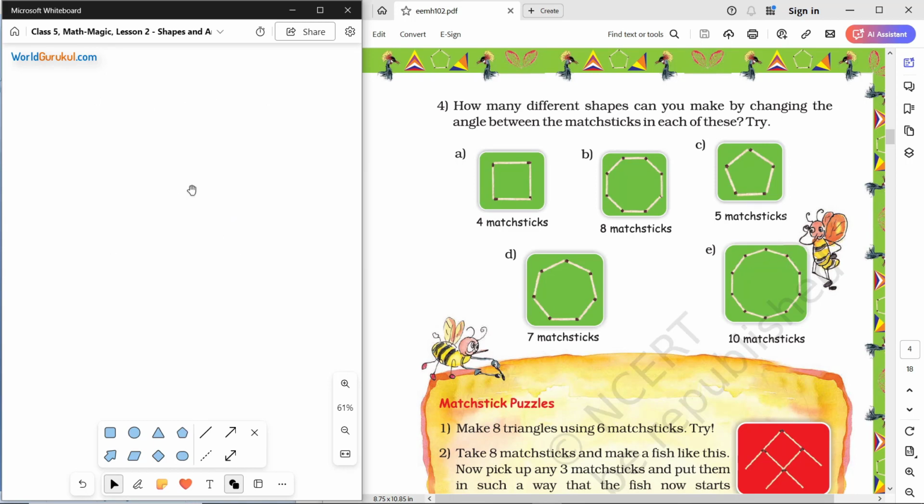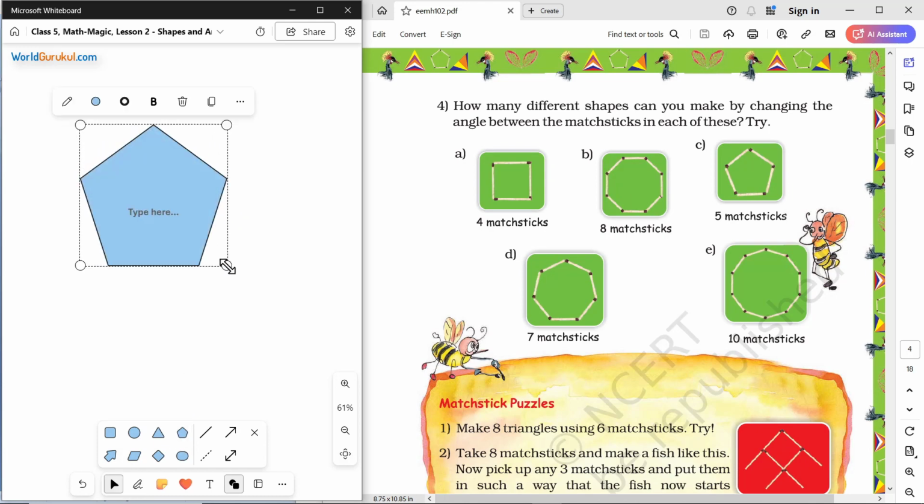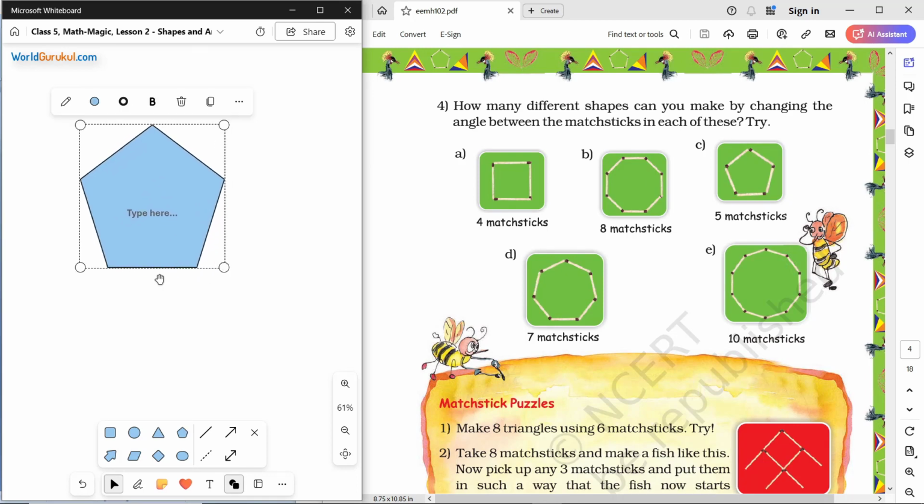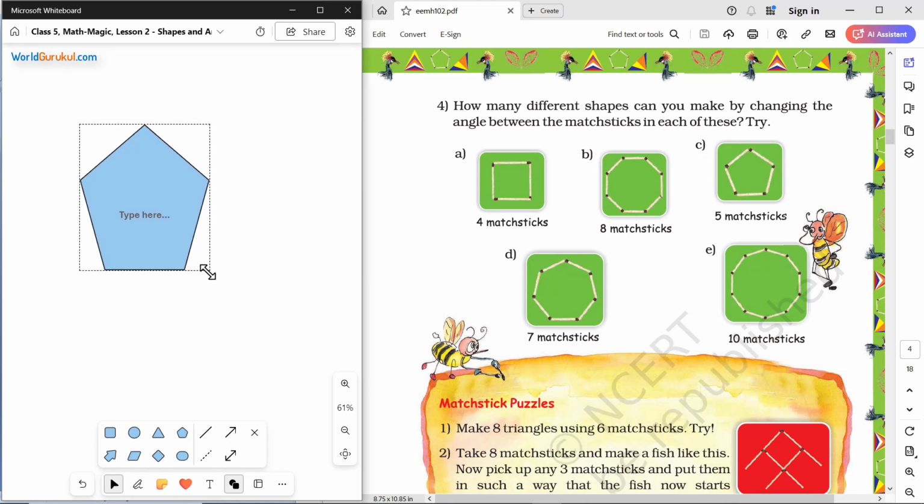So I have a pentagon here. This is a pentagon. So how many sides does it have? It has five sides. So right now it's a regular pentagon, with all equal sides and equal angles inside. Let me change the angles.